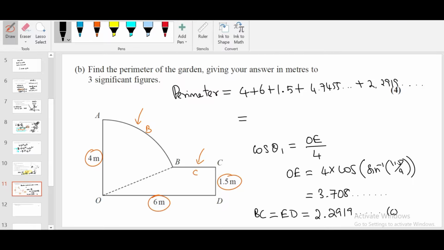So when I added everything, I got 18.5374 and so on. They want 3 significant figures, so 18.5 meters. That's the perimeter. Hope you guys understand my explanation.